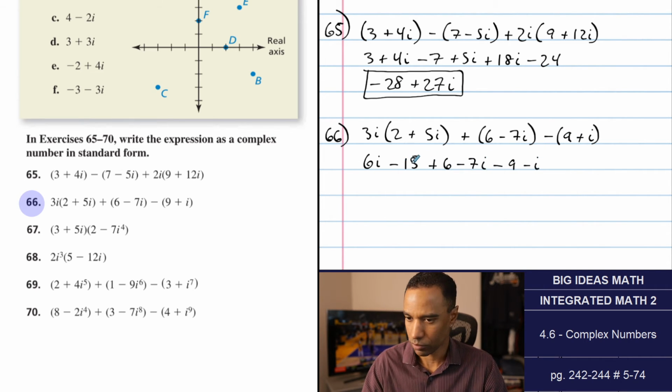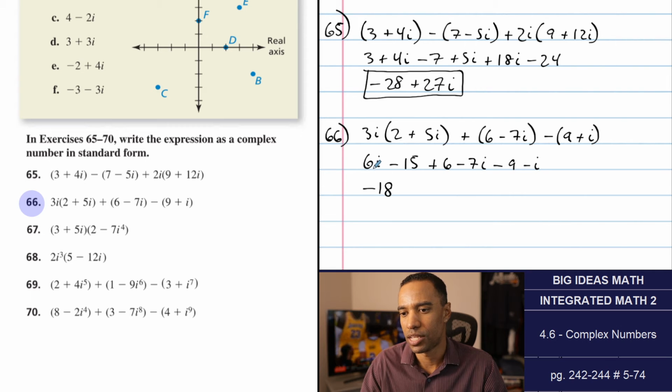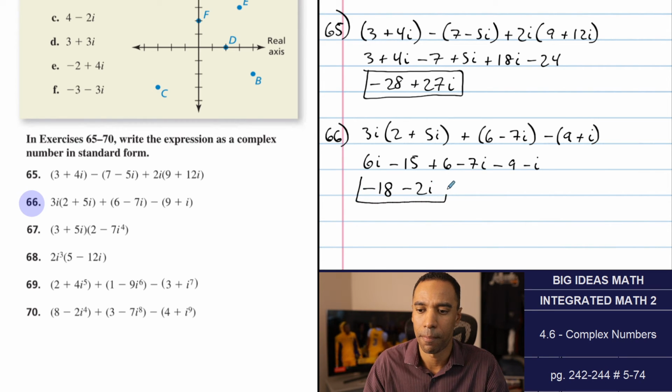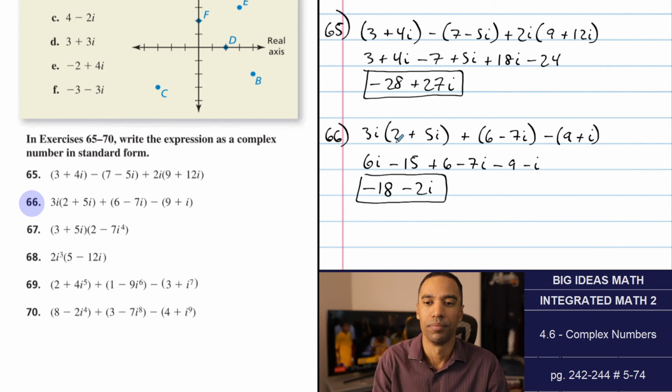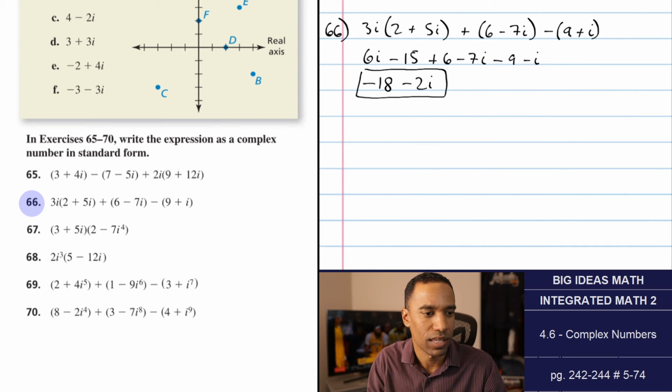Negative 15 plus 6 is negative 9. Negative 9 minus 9 is negative 18. 6i minus 7i is negative 1i. Negative 1i minus i is negative 2i. So there you go. I was expecting stuff to cancel almost, and they just didn't want to. 67.